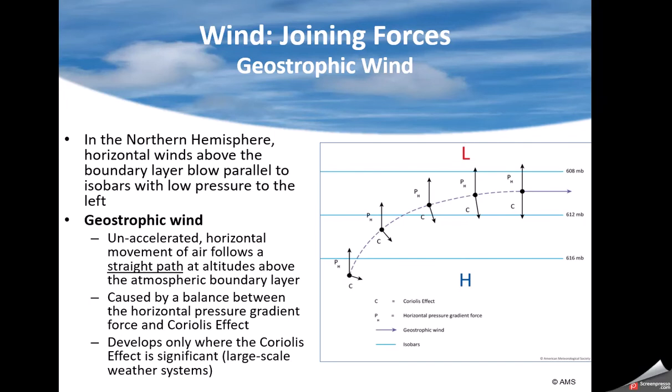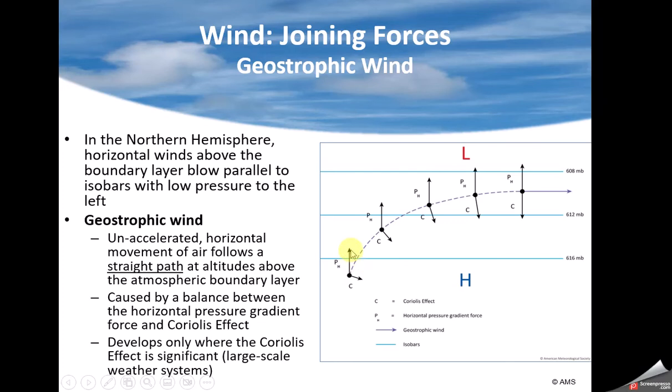Now, to make things simple, we think about geostrophic winds. Geostrophic is pretty much just a straight wind. It only really deals with two forces. It has the pressure gradient, which starts the parcel in motion by moving it from high pressure to low pressure.